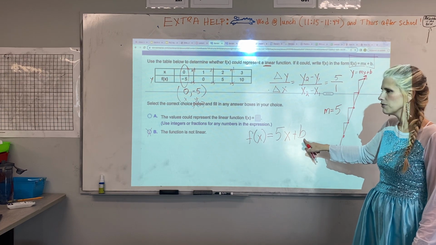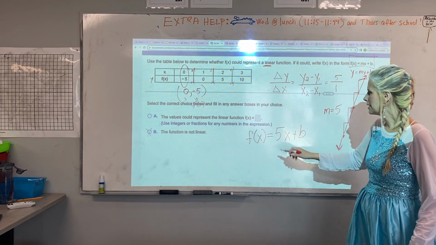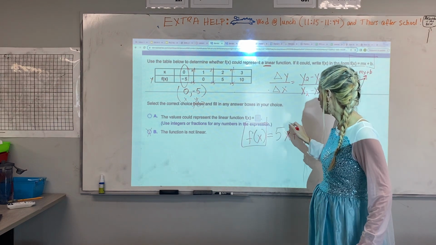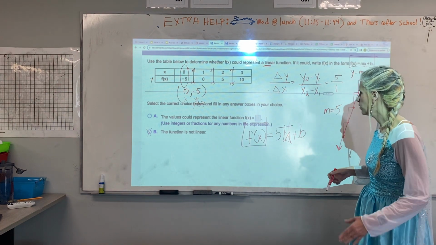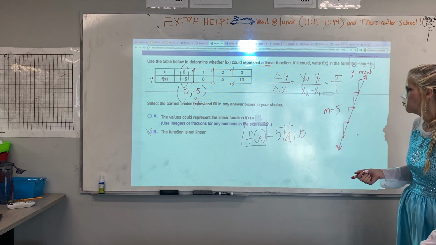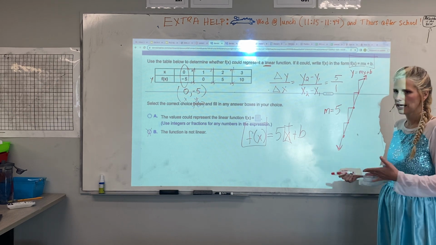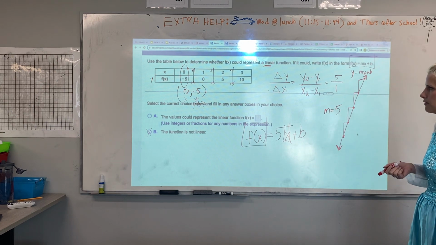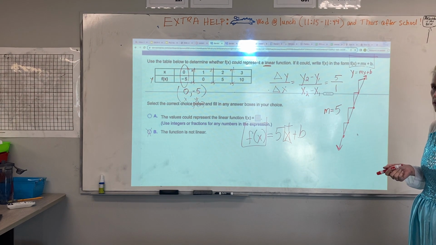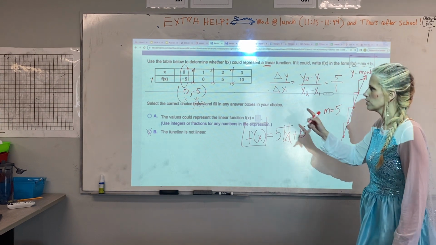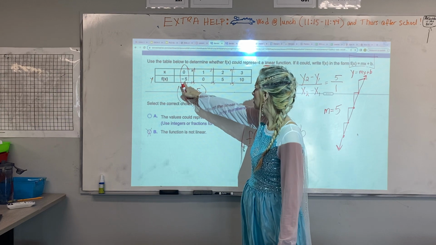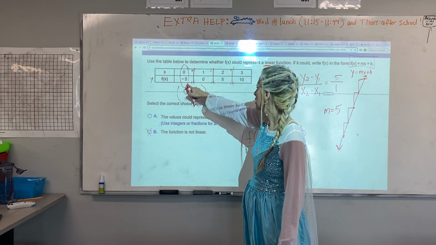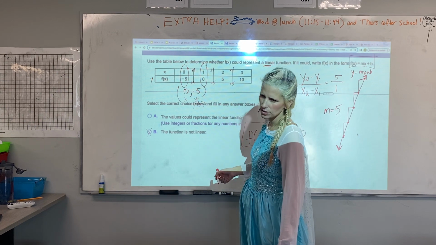We need to solve for b, which means we need to replace this with a value and this with a value in order to solve for this variable. What values can we plug in using our information? We can use any coordinate pair. I could even choose this one because it might be easier because there are no negatives.